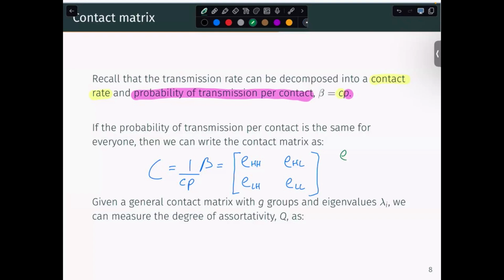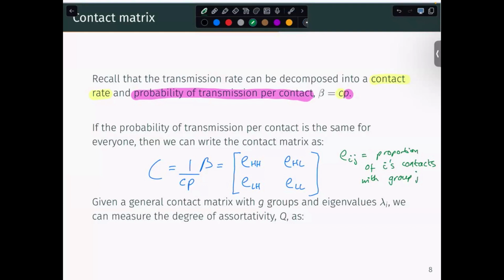So now row ij is the proportion of individuals in group I, proportion of their contacts that occur with individuals in group J. So individuals in the high risk class, row HH of their contacts, that proportion of their contacts also occur with high risk individuals. Individuals in the high risk class have a proportion row HL of their contacts with individuals in the low risk class.